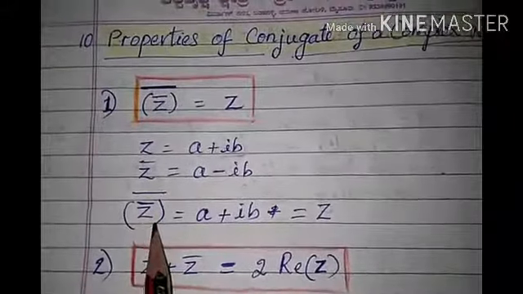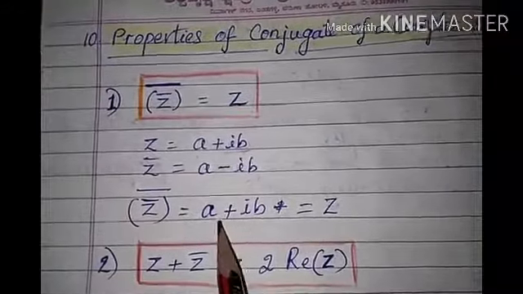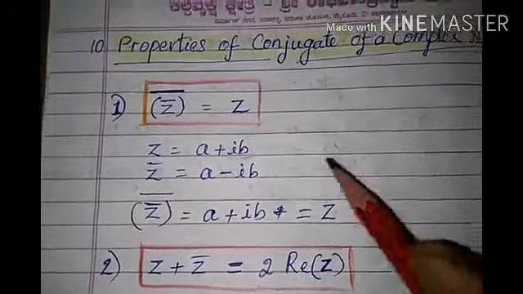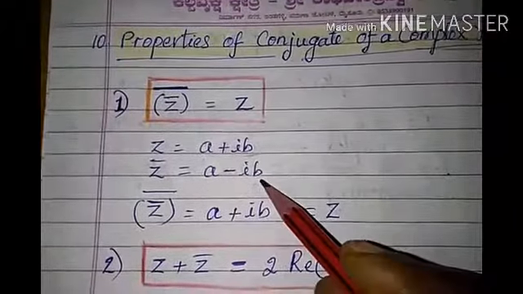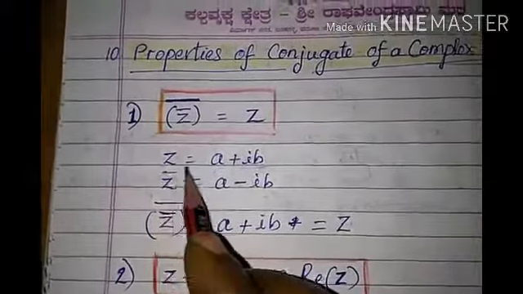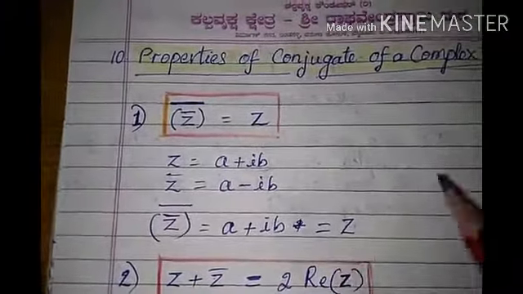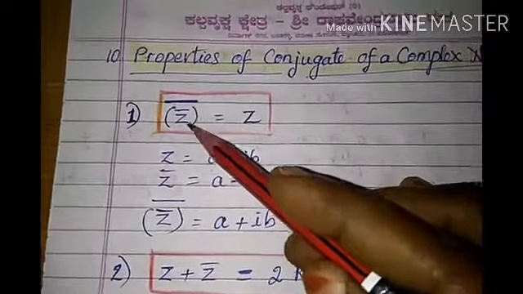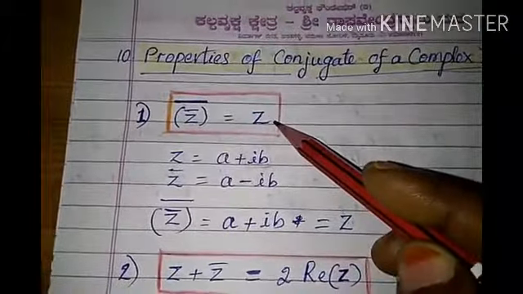Now the double conjugate of z, that means conjugate of z bar, equals a plus ib, since the conjugate of a minus ib is a plus ib, which is equal to z. Therefore, the double conjugate of any complex number is equal to the complex number itself.